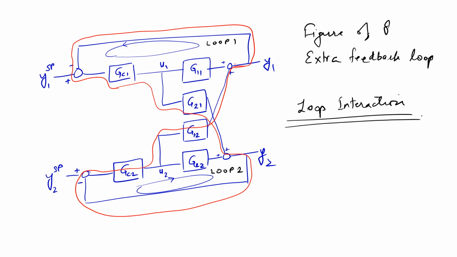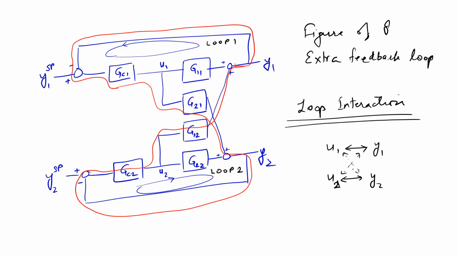You have variable y1 and u1, and variable y2 and u2. You could have the direct pairing, where u1 controls y1 and u2 controls y2, or you could have the cross pairing, where y1 is controlled using u2 and y2 is controlled using u1.